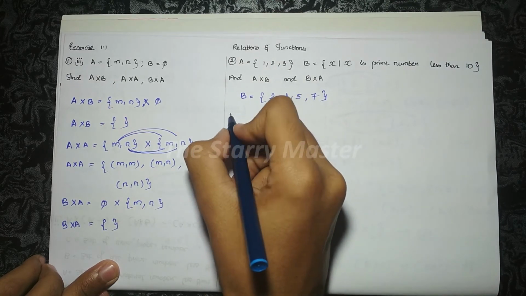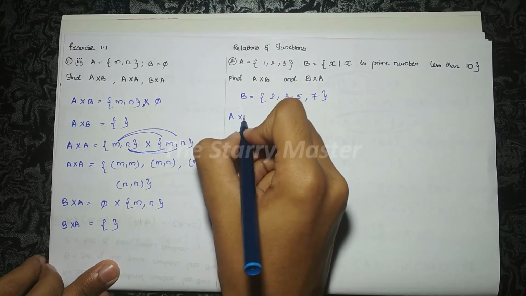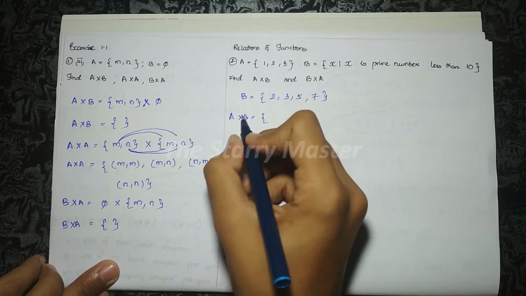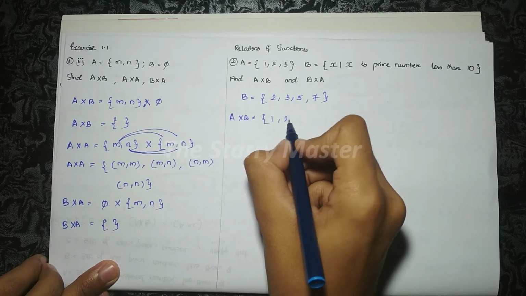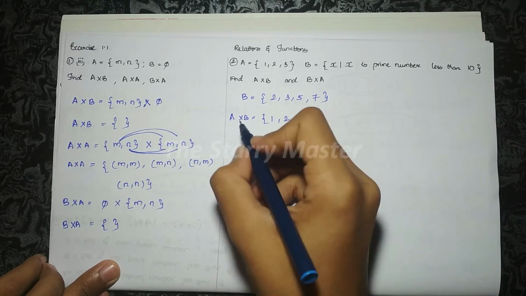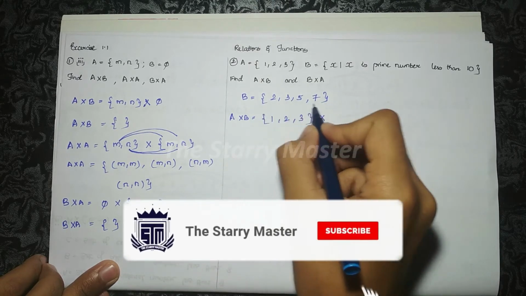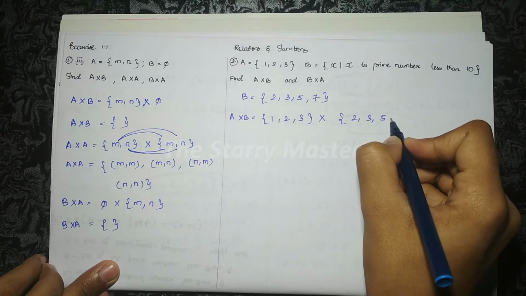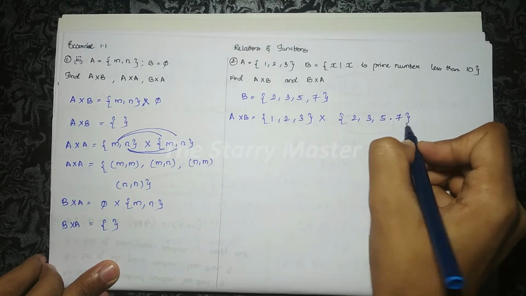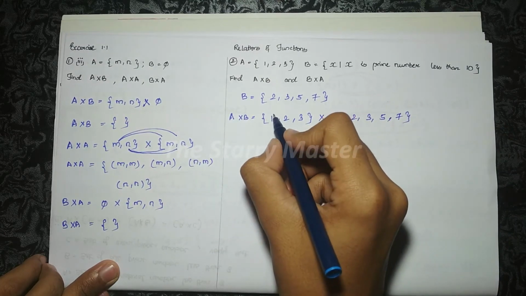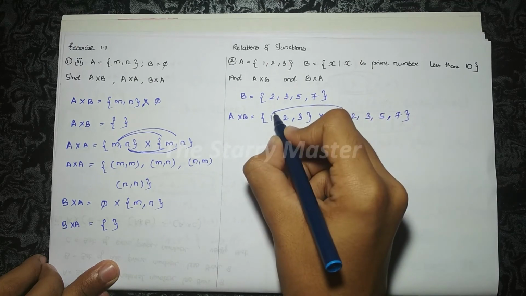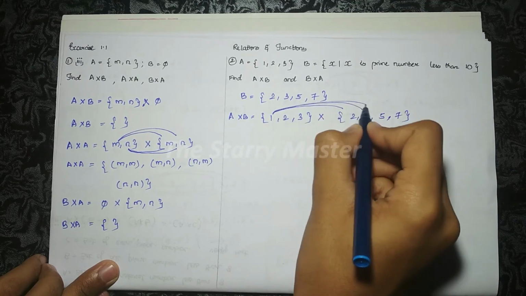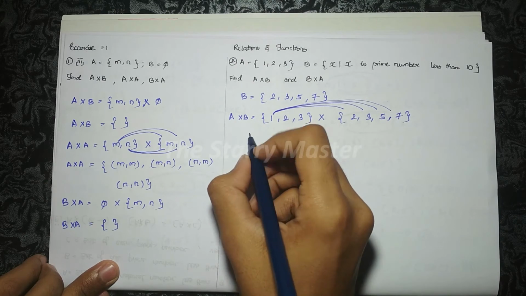So we have to find A cross B. The value of A is {1, 2, 3} and cross the value of B is {2, 3, 5, 7}. Okay. We have to take one number and join with all the numbers.